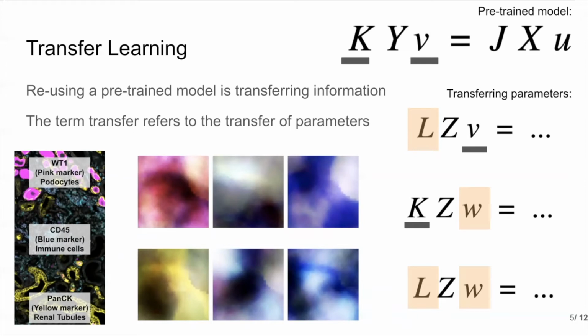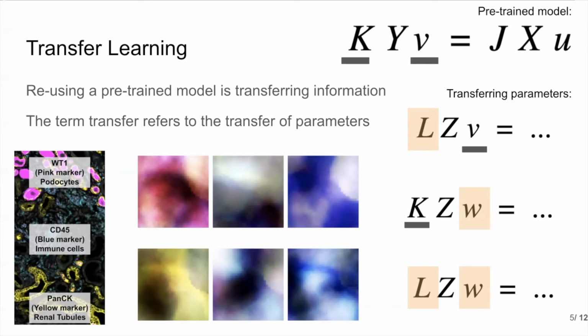Well, if y is very similar to z in the sense that the axes are identical in some way, for example, if the samples were the same size or the feature set was the same size, then we can transfer the corresponding parameters. If the feature set was the same between y and z, we can transfer v.